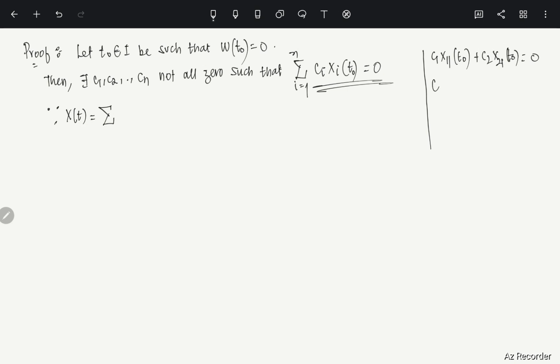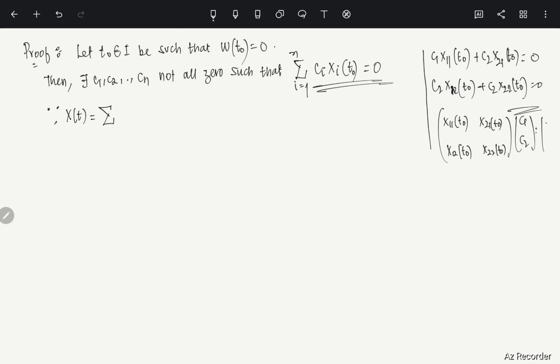And again C1 x12, the second component of x1, plus C2 x22, the second component of x2 at t naught, is 0. This equation can be written as the matrix with entries x11, x21, x12 and x22 at the point t naught, times C1 C2, equals 0 0.